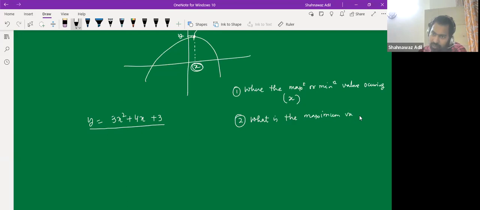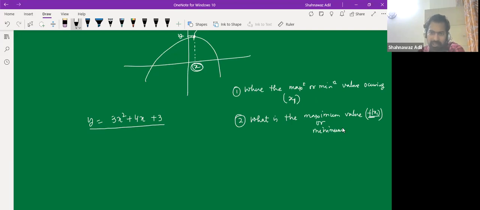So this is the y value, right? The value of the function at that point. So let's say that this is x1. If I calculate f of x1, the value of the function at x1, that will give me the maximum or minimum value.